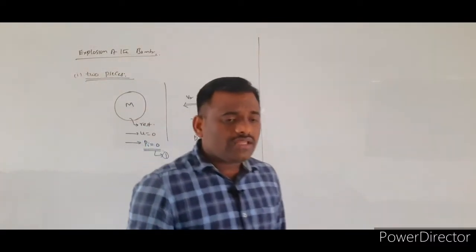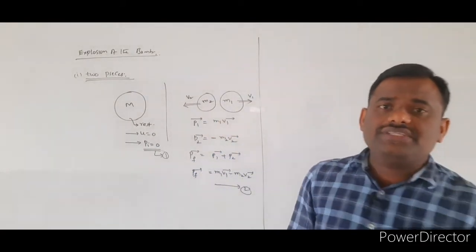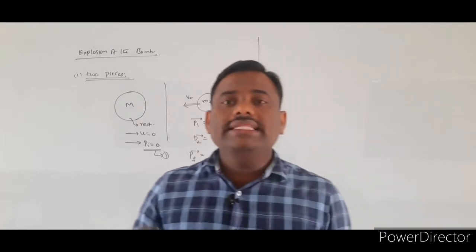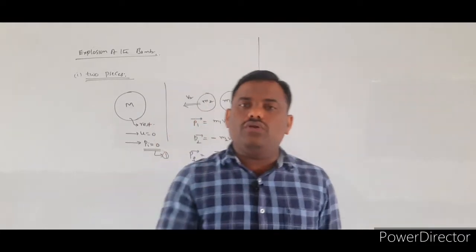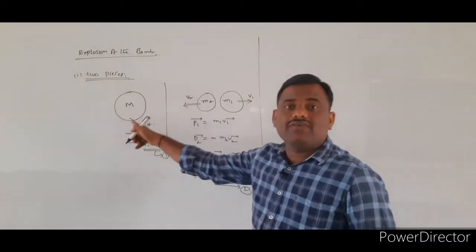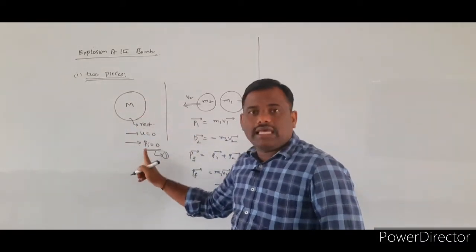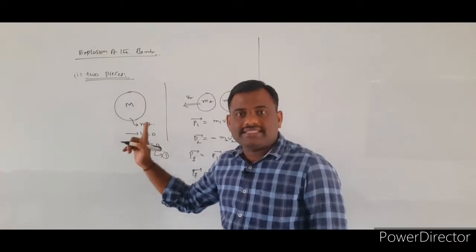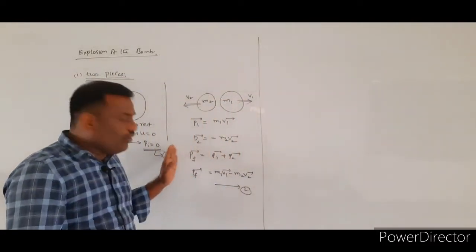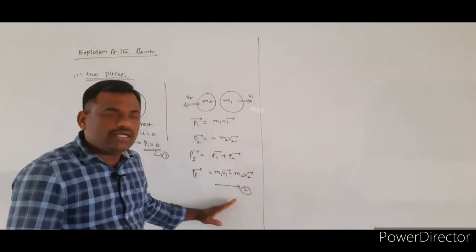Now, according to the law of conservation of linear momentum, the initial momentum is 0, so obviously the final momentum is also 0. In the initial stage the momentum value is 0 since the bomb is at rest. So if the initial momentum is 0, the final momentum is also 0.